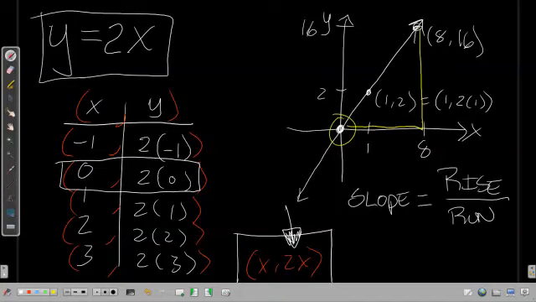Starting from right here at the origin, if I ran all the way out here 8 units and I rose up 16 units, then you can see plain as day that with my rise being 16 and my run being 8, my slope must just be 2.